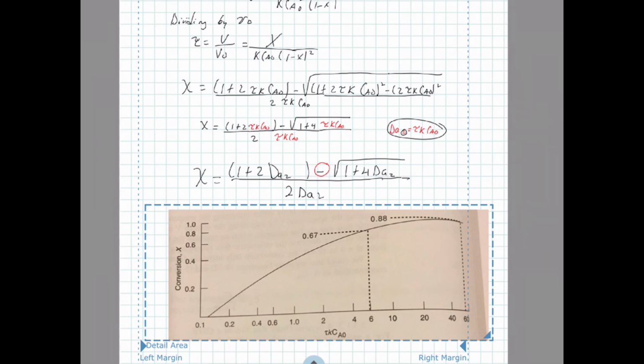Previously, we also noticed that in reality we may increase tau, but the conversion may not change a lot at higher Damköhler numbers. So I want you to look at the Damköhler number of 6. We're looking at this, right?